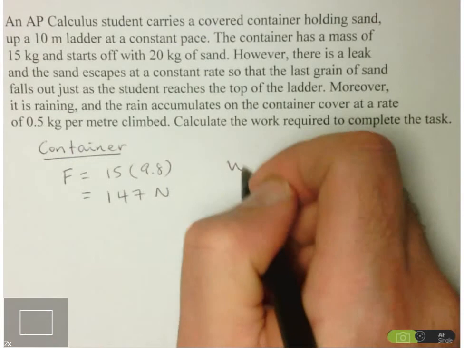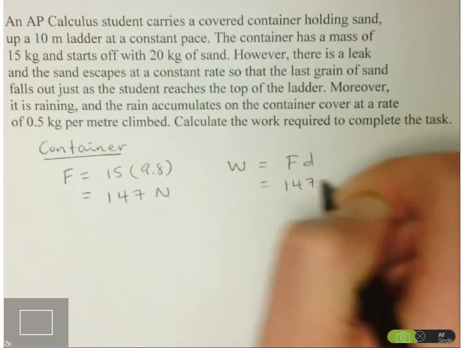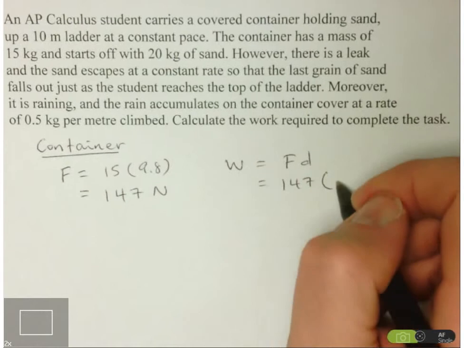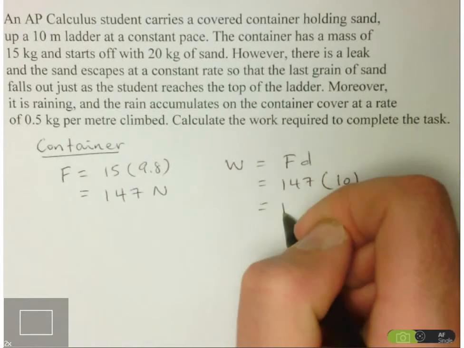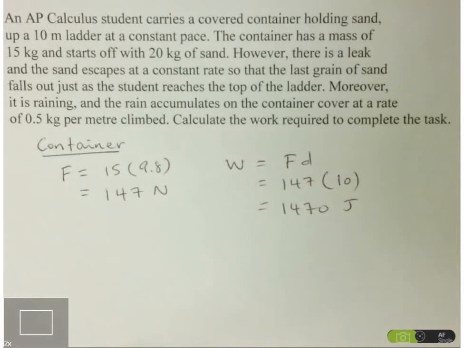And so the work, force times displacement, is 147 times our total displacement of 10 meters. So we have 1,470 joules is the work required to carry up just the container.